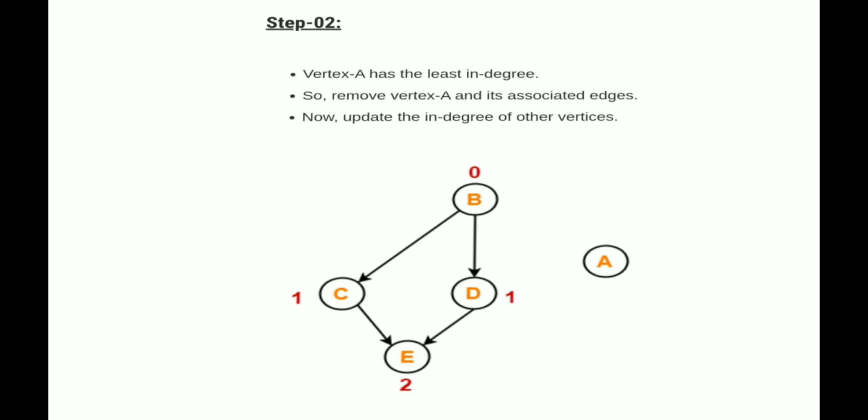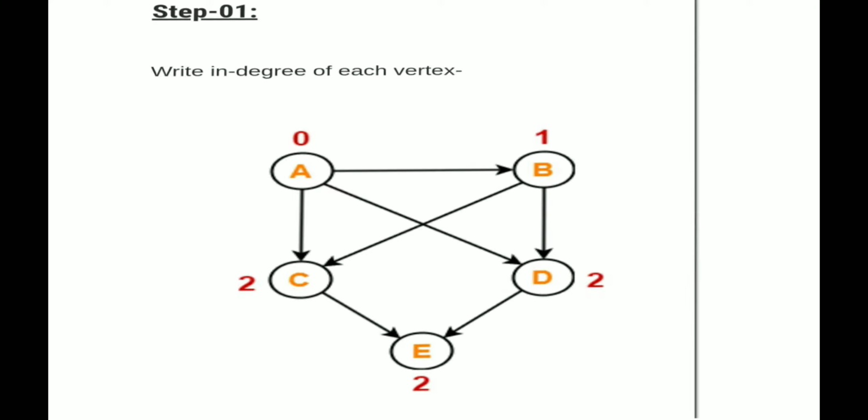Then in step number 2, we have to remove the vertex A. Why do we need to remove the vertex A? Because if you observe the previous graph representation, vertex A has 0 incoming edges.